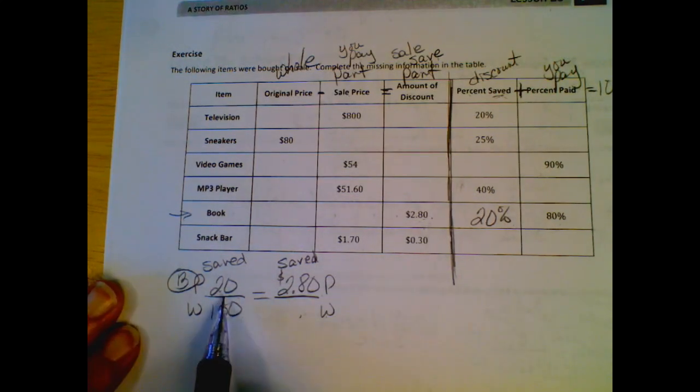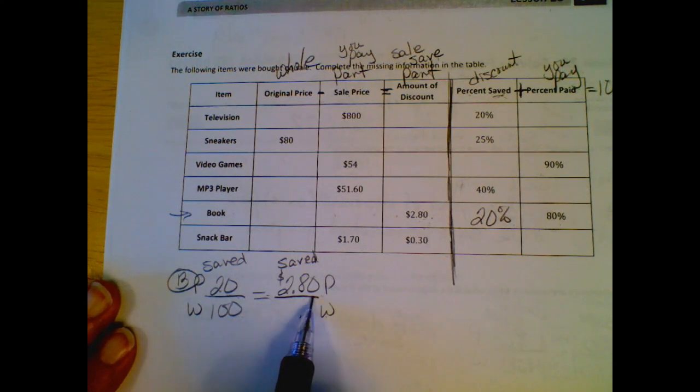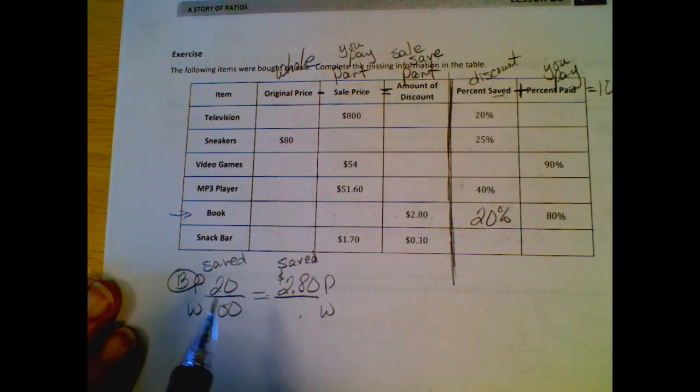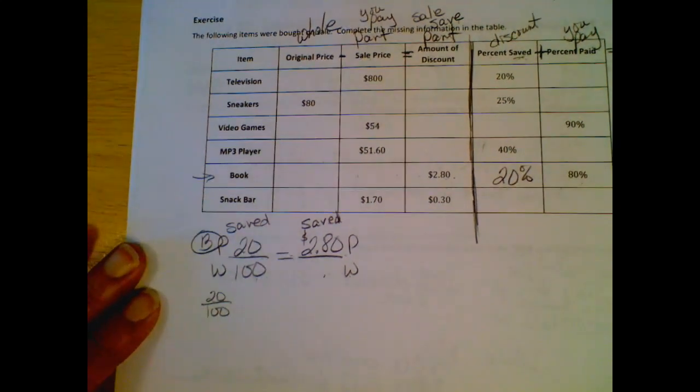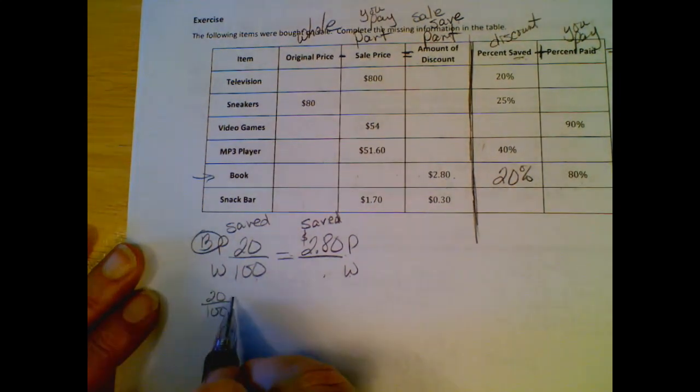Now, I can't do 20 times something to equal 280. I might have to divide, or remember, I can reduce 20 hundredths. So if I divide, I'm going to reduce 20 hundredths and divide it by 20.